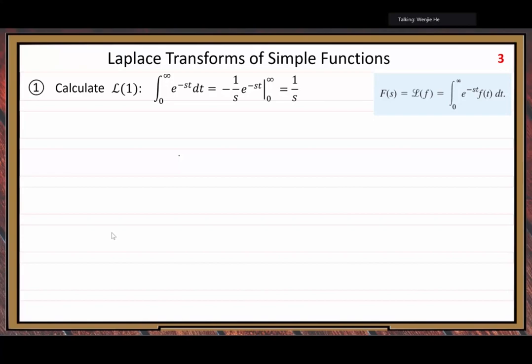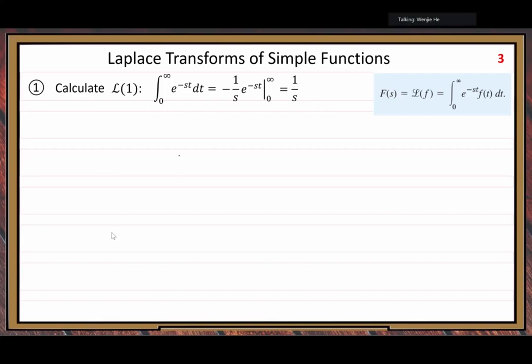Then, because of negative s times t, when t goes to infinity, e to a large negative number is 0, right? The limit is 0. Then you have 1 over s, because when t equals 0, e to the 0 is 1.